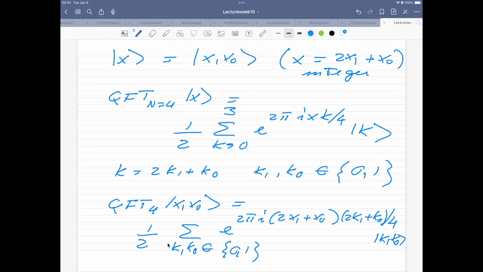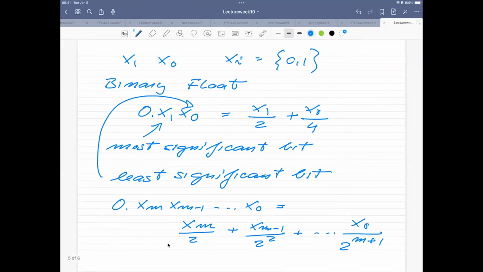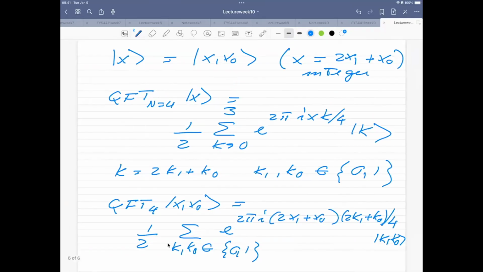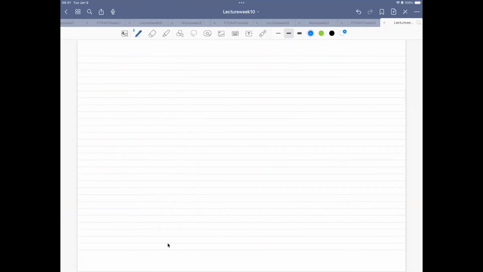So then what I do is to expand the exponent. So if you look at the exponent which we have here, and keep in mind, so let's just wait a little bit so people have time to write down. So if you then expand the exponent and use the fact that you have 2 pi times i of x1 k1 is equal to 1 for integers.